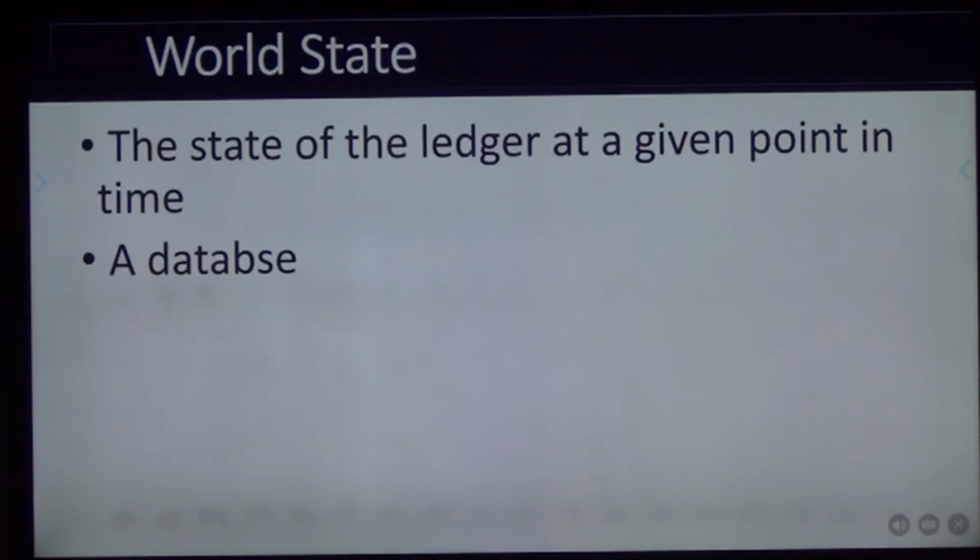Then there is also an interesting concept in Hyperledger Fabric which is called a world state, the world state of the ledger at a given point in time. There are transactions. We know that the ledger records transactions.